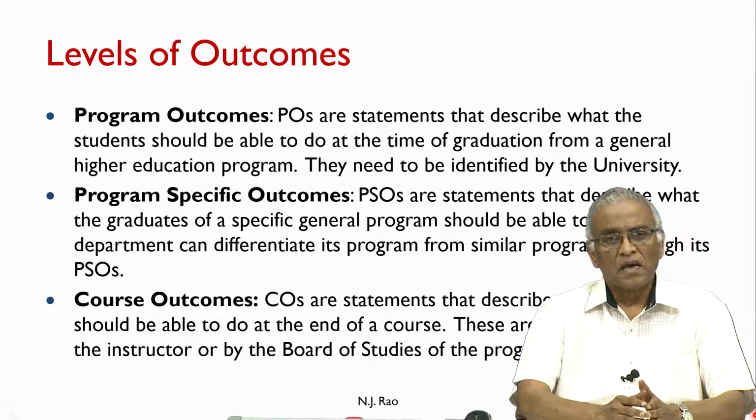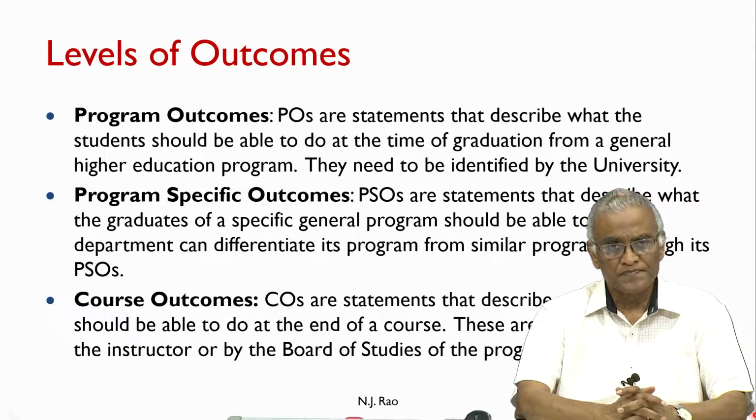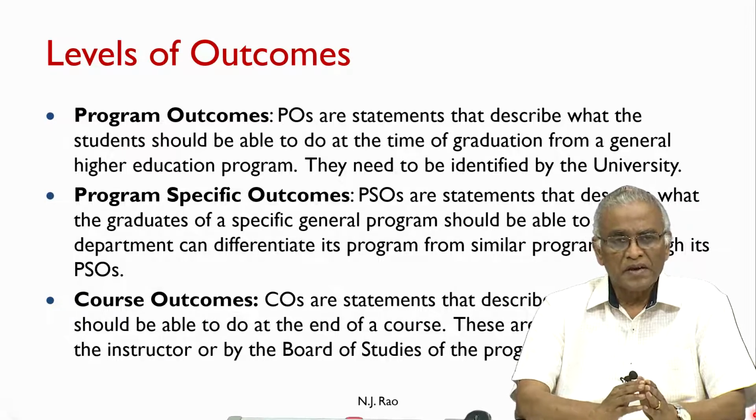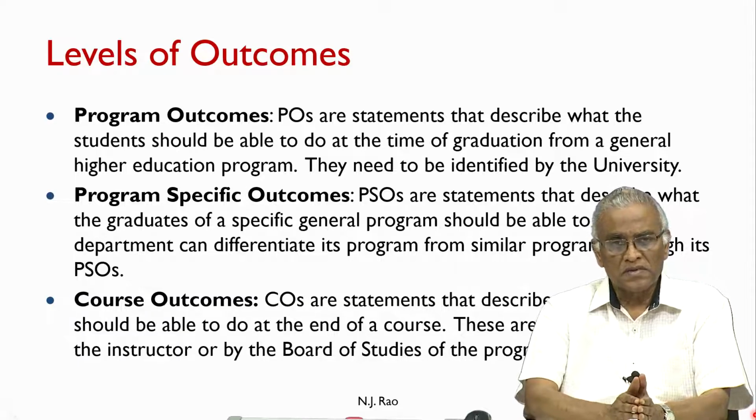That means a BA program in economics or a BSc program in biology or something like BA in literature or BCom, they all will have the same program outcomes. That means they represent the desirable characteristics of any graduate.